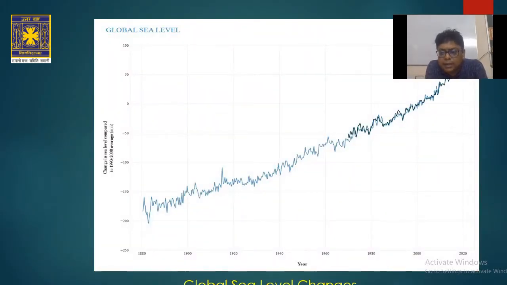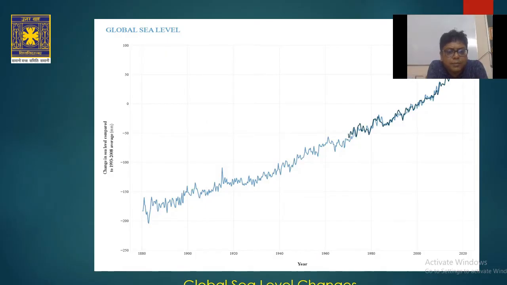This is data gathered from www.climate.gov, where we are seeing how the sea level is changing compared to the 1993-2008 average, and this is really changing.